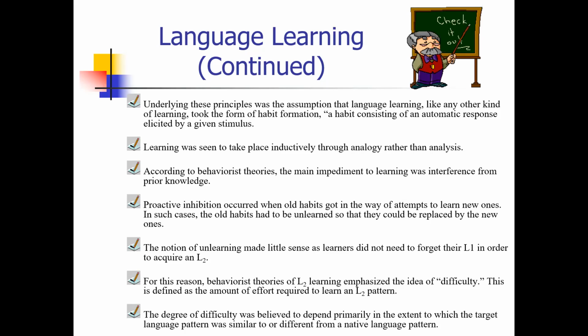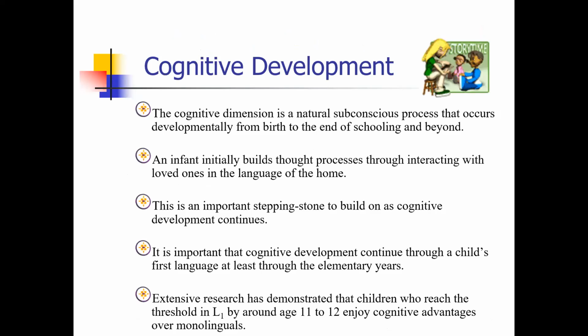Difficulty is defined as the amount of effort required to learn an L2 pattern, and the degree of difficulty was believed to depend primarily on the extent to which the target language pattern was similar to or different from the native language pattern.